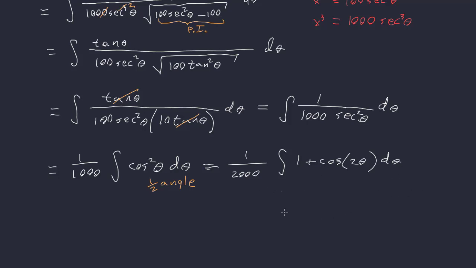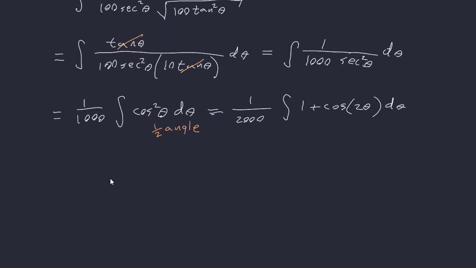And now we can integrate. All right, so let's do that here. We'll get 1 over 2,000 times theta plus 1/2 sine of 2 theta plus c. Okay. Oh boy. Okay. Now, the theta shouldn't be that hard to deal with. The sine of 2 theta, we're going to use that same identity again.